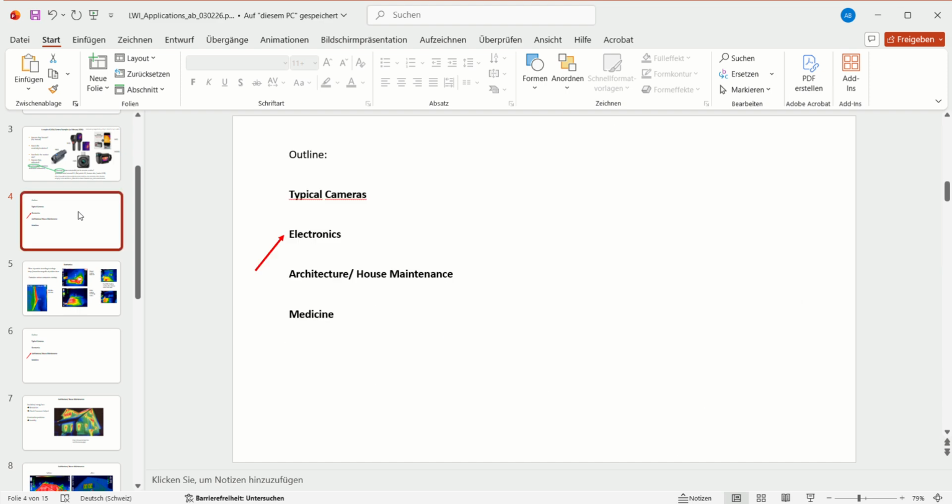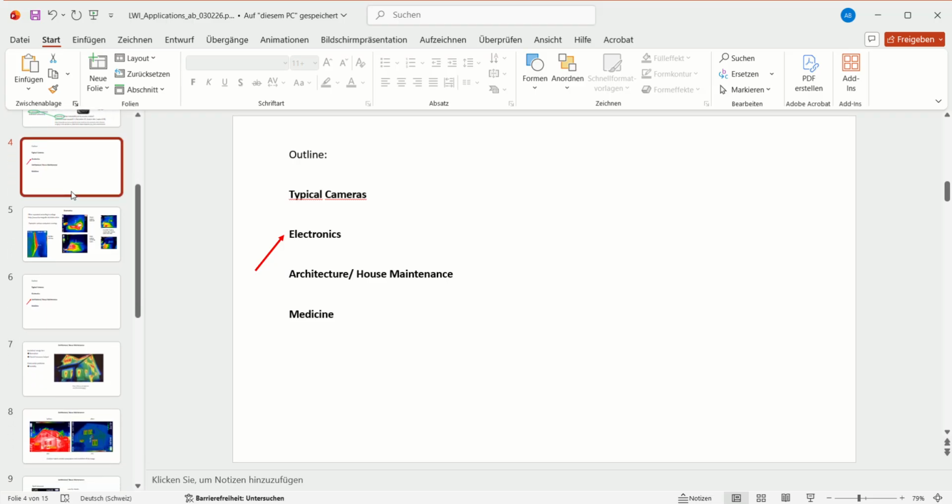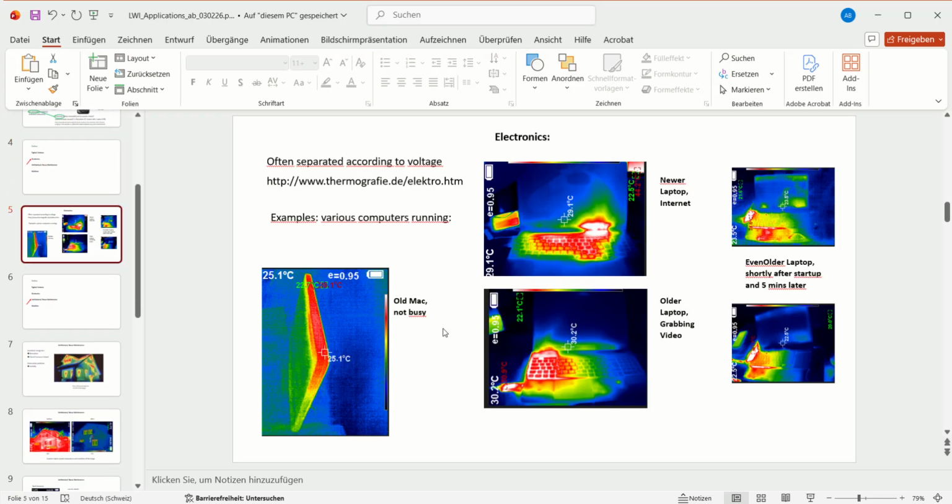Now we have a short look at electronics, more specifically at computers and laptops. With thermal cameras you can see how they heat up, and this also up to a certain degree predicts how long the computer is gonna work, because if it's too hot it's gonna cook its own electronics.